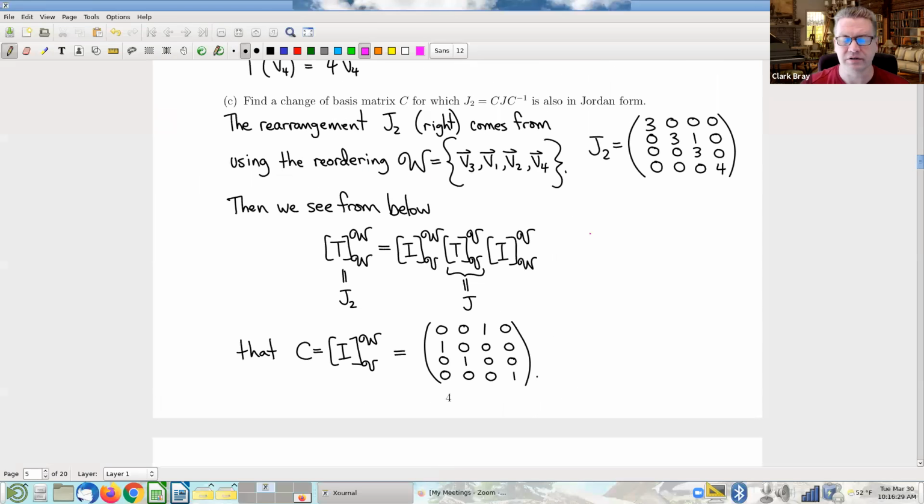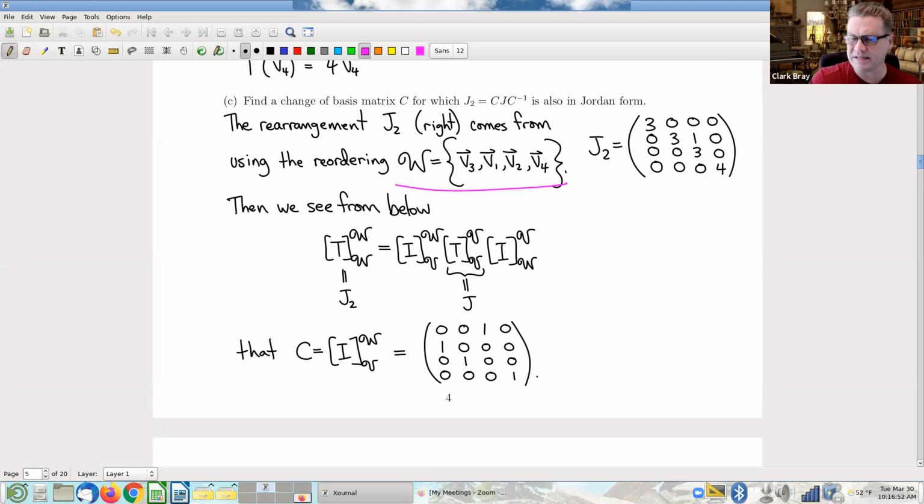Let me zoom out. The way to understand what this matrix C is, is to realize how it is a change of basis matrix relating the basis that's the language for that matrix and the basis that's the language for that matrix.